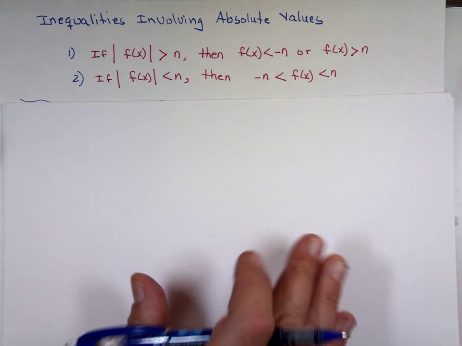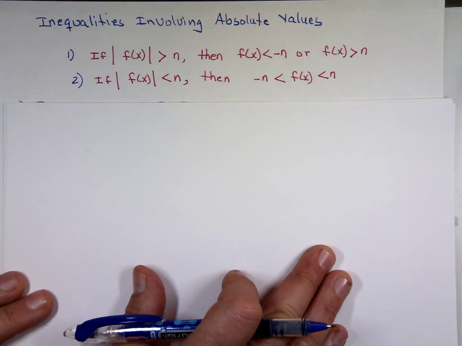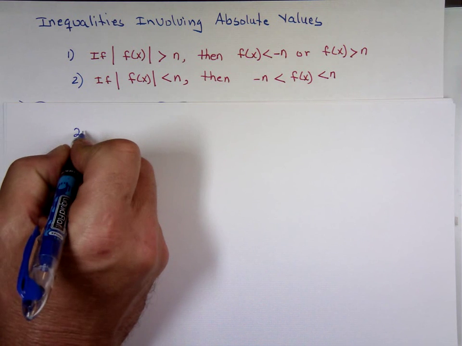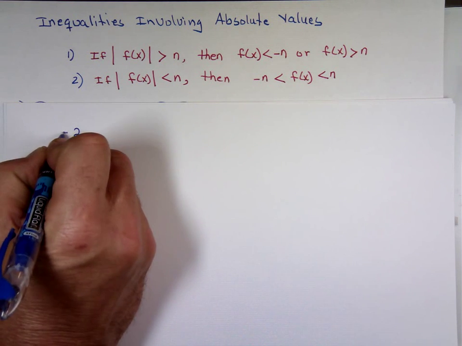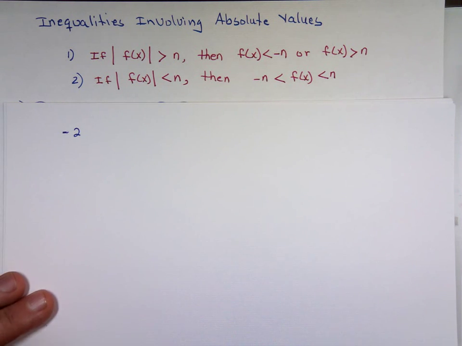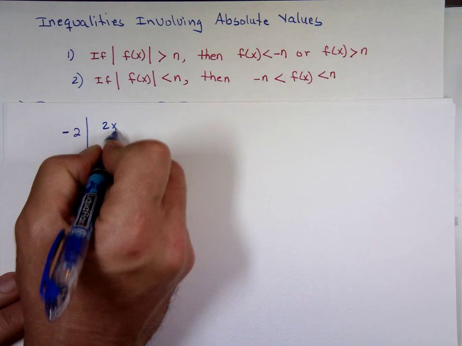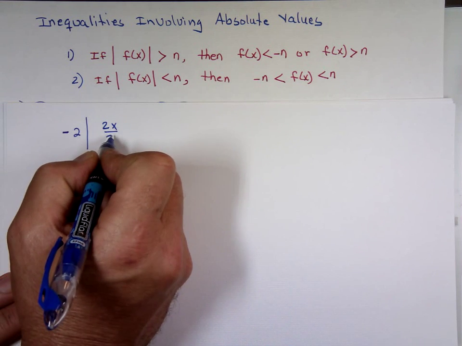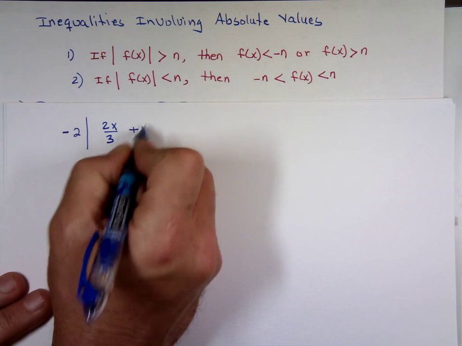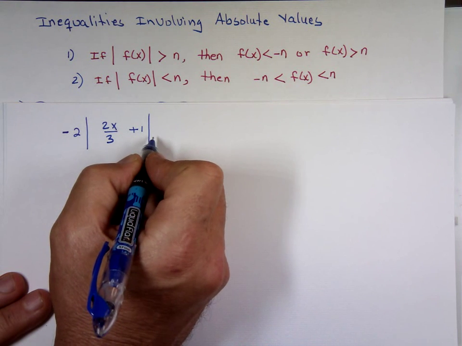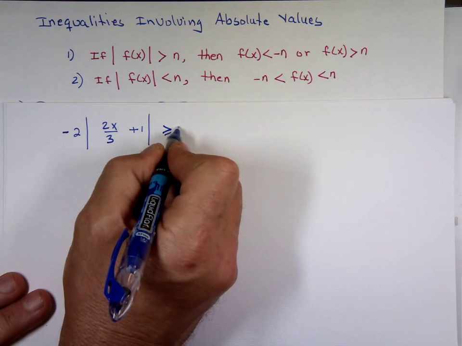Let's try another one. Actually, you know what? I'm going to make it deceiving. Minus 2 times the quantity 2x over 3 plus 1 is greater than or equal to what? 4.